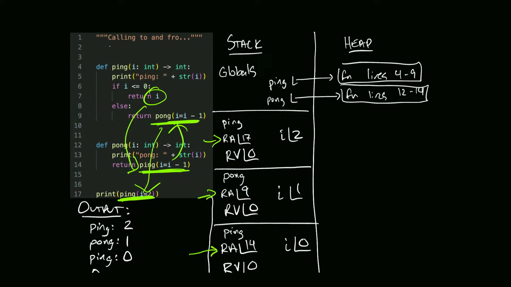This is just a more nuanced usage where we've got a more fascinating pattern of calls happening here. One of my challenge questions to you is what would happen if you called, instead of ping I is 2, ping I is 110?